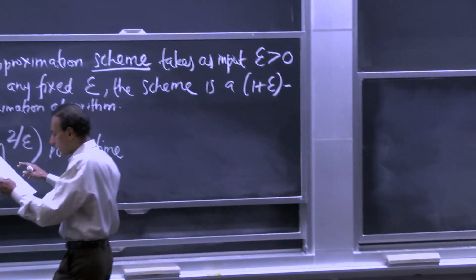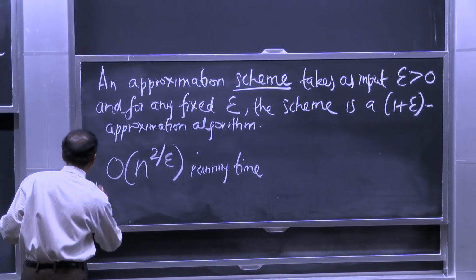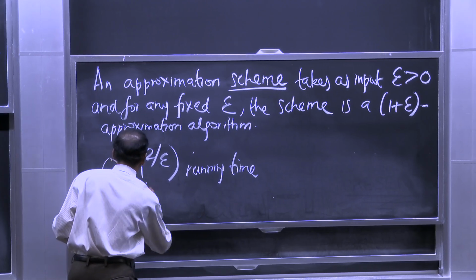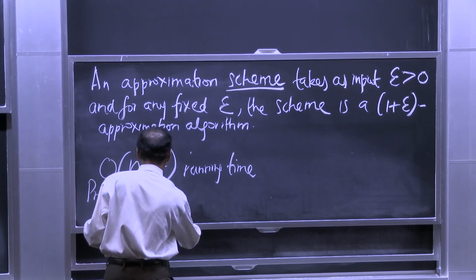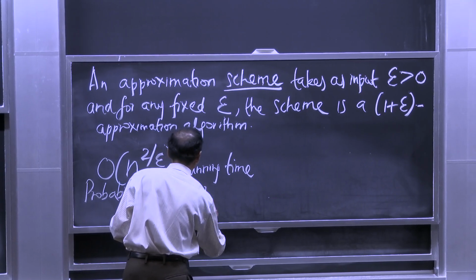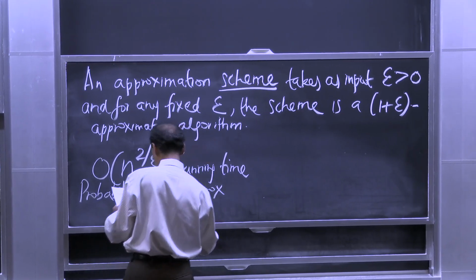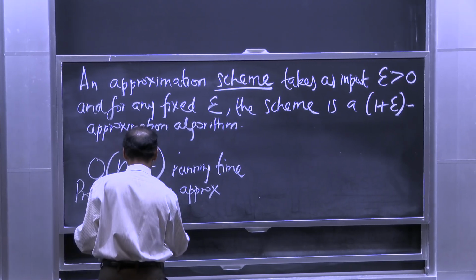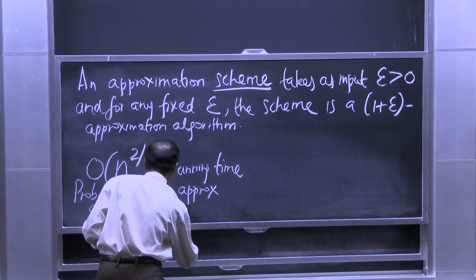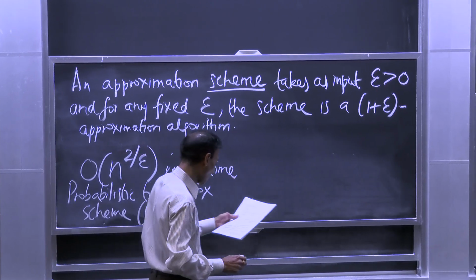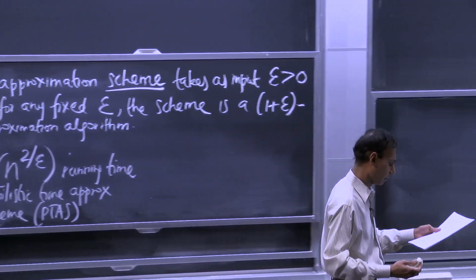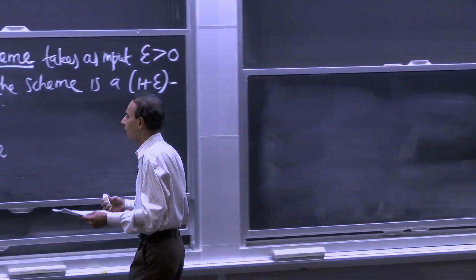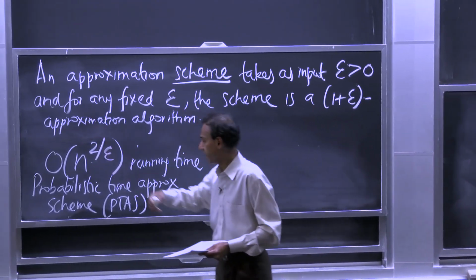So this is what's called a PTAS, which is a probabilistic time approximation scheme. And don't worry too much about the probabilistic. It's a function of epsilon. That's the way you want to think about it, the runtime. And we'll look at a particular scheme later in the lecture.